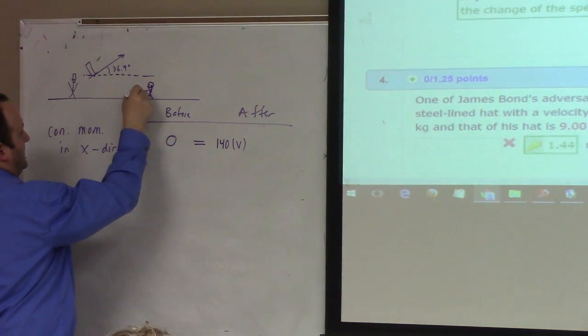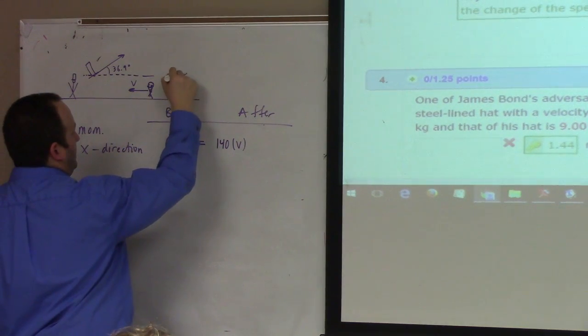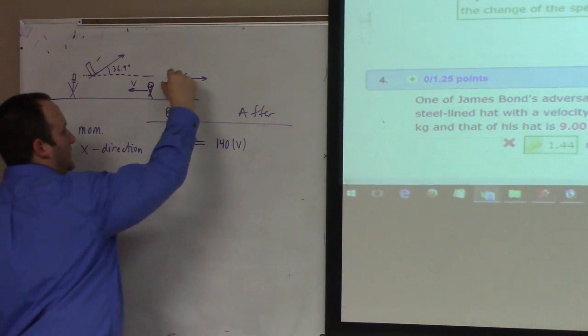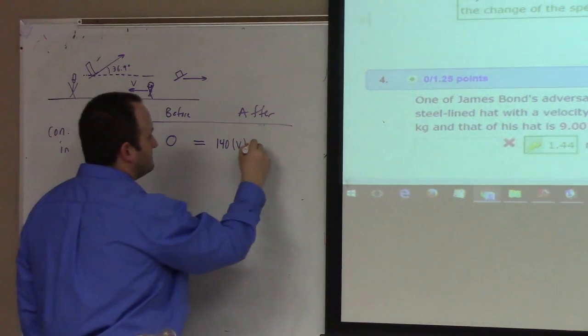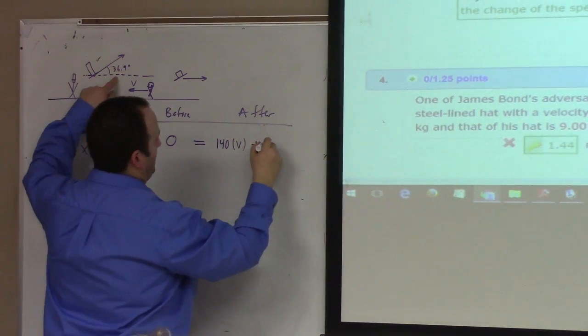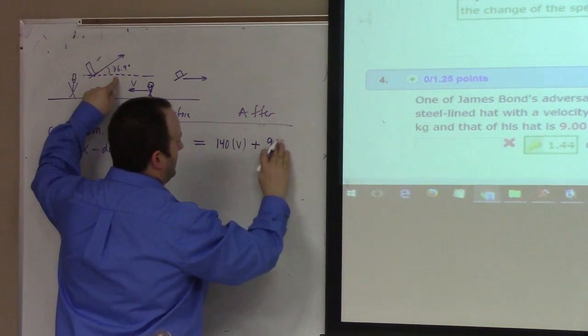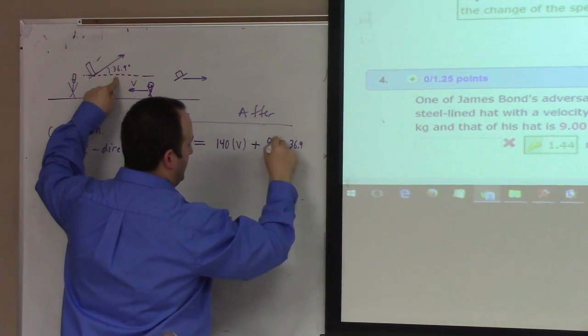It's one-dimensional. So, basically, after he throws the hat, I can see already that his velocity is going to be like that, right? The hat is airborne. It's off this way, right? I mean, actually, part of the velocity is vertical, but we don't care about that. We're focusing here on right after it's thrown. The horizontal momentum is what? Nine kilograms, right? Times the cosine of 36.9 degrees, right?